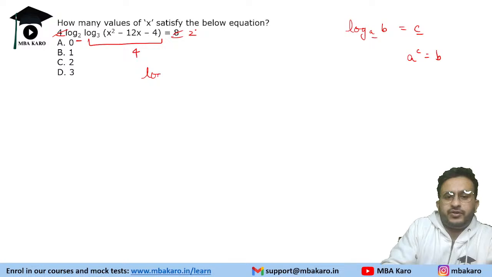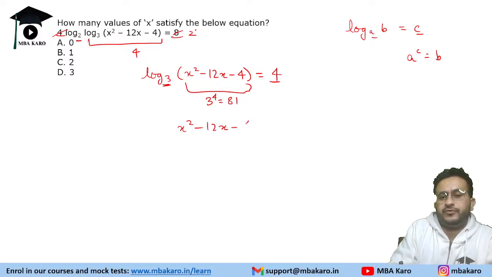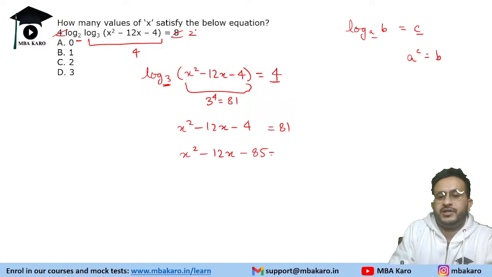So we can say that log base 3 of (x square minus 12x minus 4) is equal to 4. Now this is base, this is power, so this will be 3 raised to the power 4, that is equal to 81. So x square minus 12x minus 4 is equal to 81, or x square minus 12x minus 85 will be equal to 0.